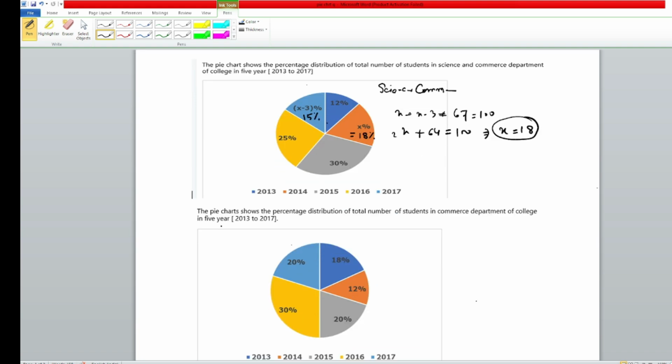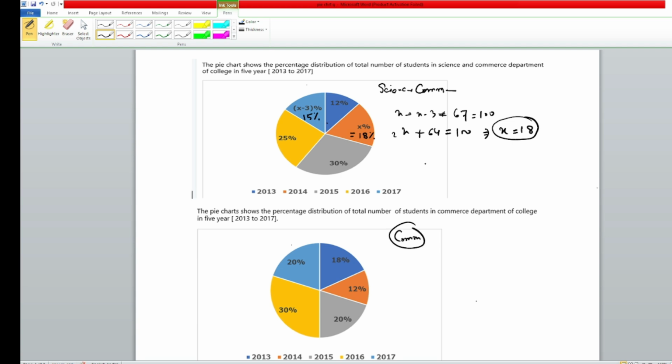In the second pie chart we are given the percentage distribution of the total number of students in the commerce department of the college in 5 years. The first pie chart was about the percentage distribution of science and commerce, and this second pie chart gives the percentage distribution of only commerce students.